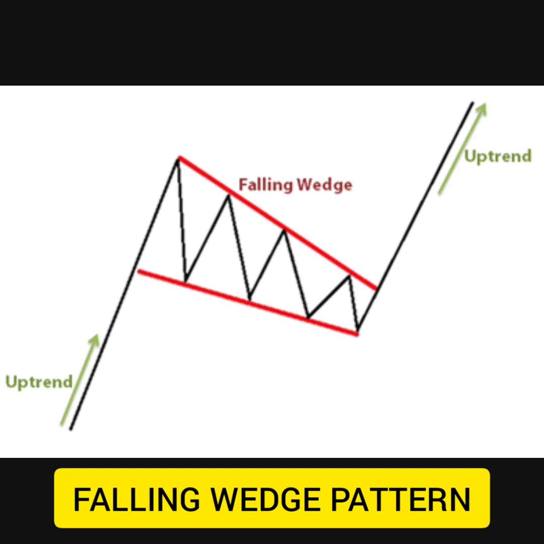Now it is a continuation pattern because when you see an uptrend and then the wedge falls down, trying to find support, it is most likely going to break out towards the upside because there are so many buyers currently in this market. That is why it's called a continuation pattern of the uptrend.